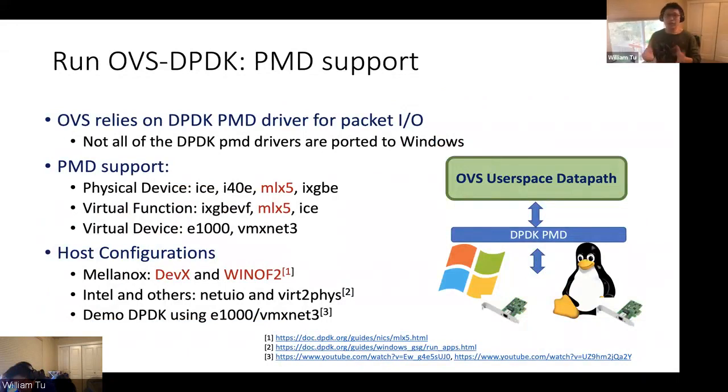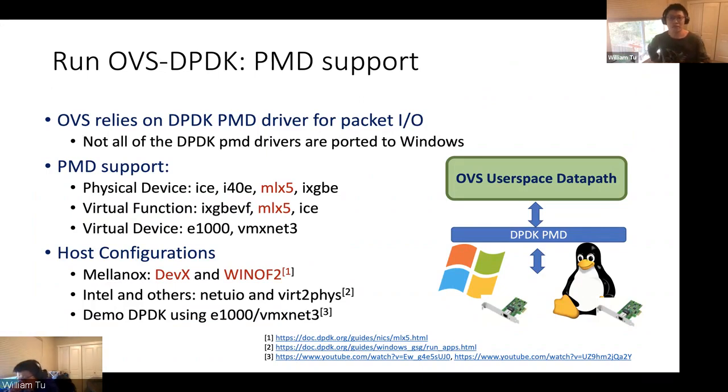Once we get the openvswitch binary, we have to find a system to run it on, right? First we have to figure out what PMD support or device support is on your system. Today, not all of the DPDK PMD drivers are ported to Windows, so you have to look at whether it's a physical machine or a virtual machine. For example, a physical machine today supports Intel ICE, i40e, or ixgbe.